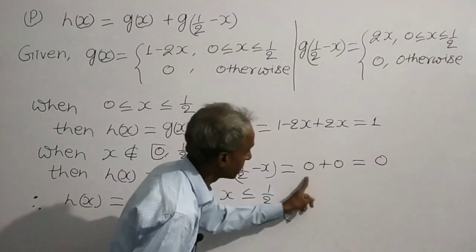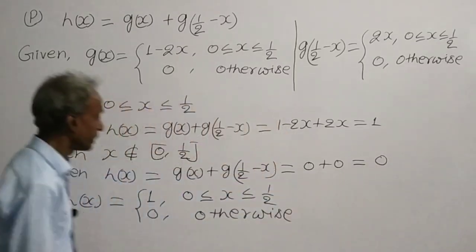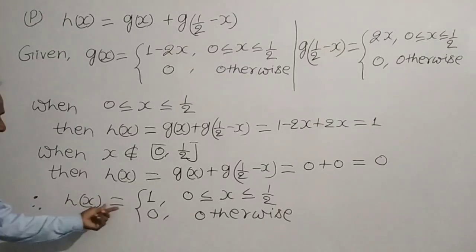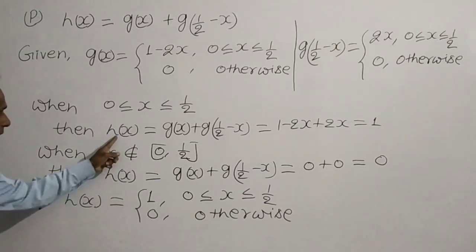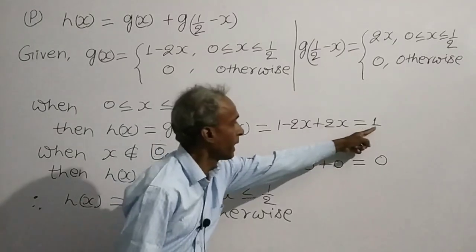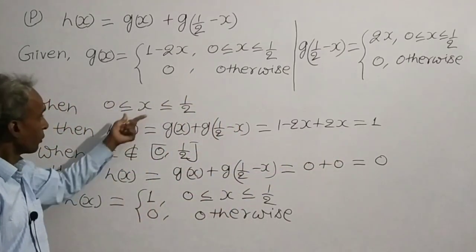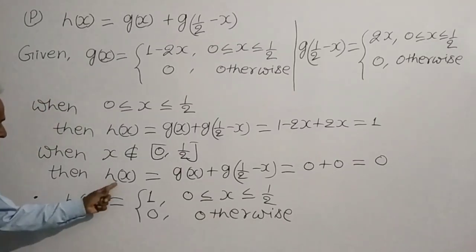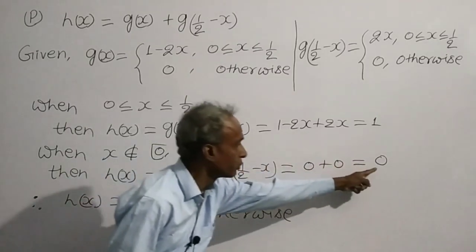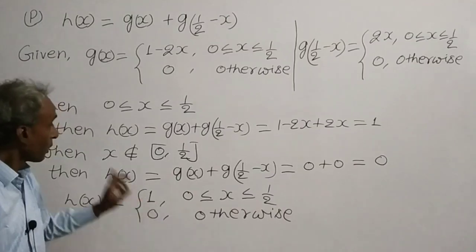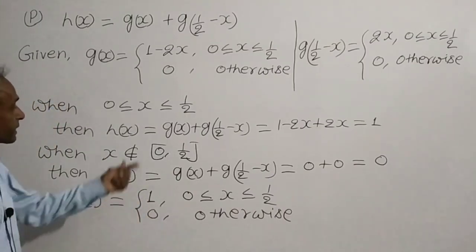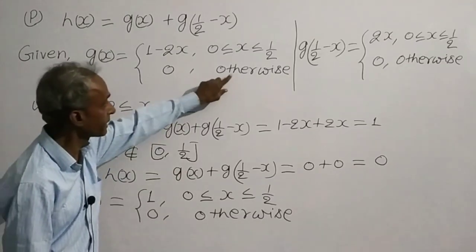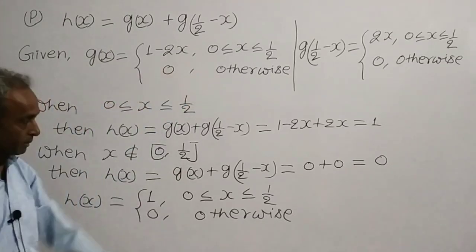Therefore, the sum of these two will be equal to 0. That means Hx will be equal to 1 when x lies in this interval, and Hx will be equal to 0 when x lies in this otherwise interval.